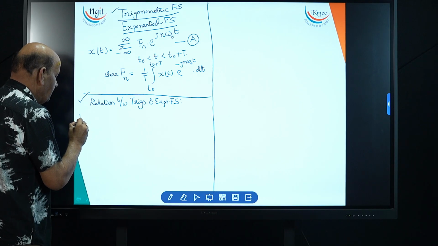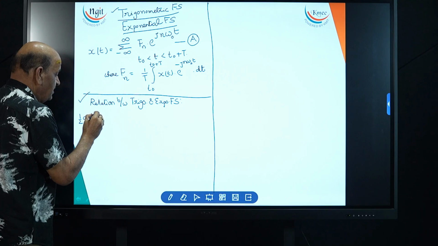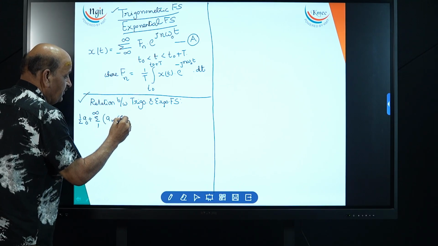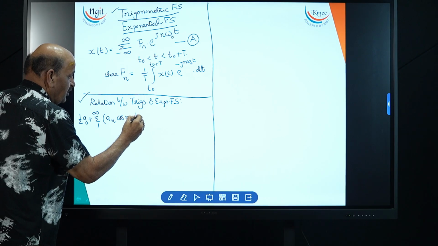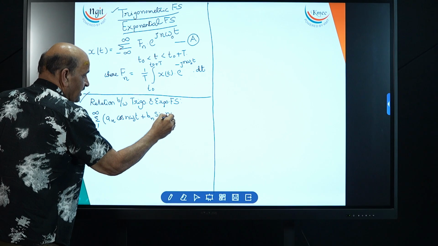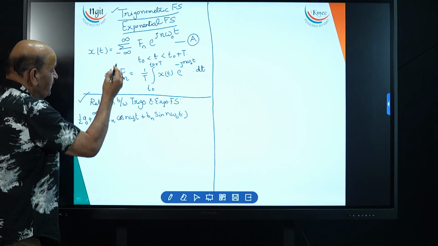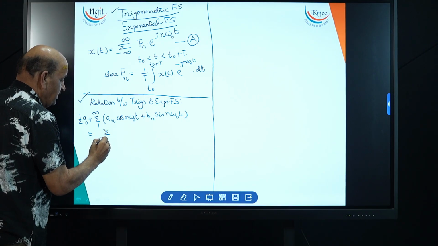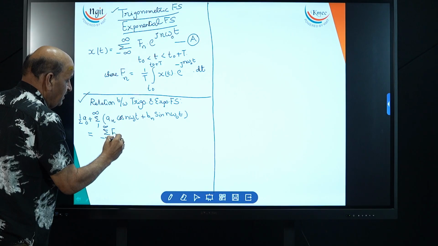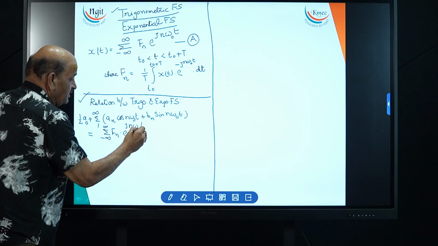Trigonometric Fourier series means a naught by 2 plus summation 1 to infinity of an cos n omega naught t plus bn sin n omega naught t. That is equal to summation n equal to minus infinity to infinity of F of n e power j n omega naught t.